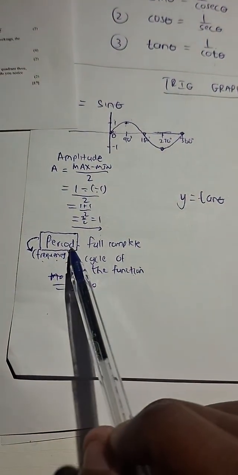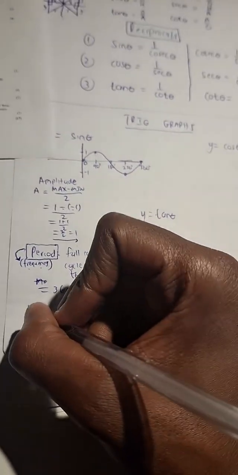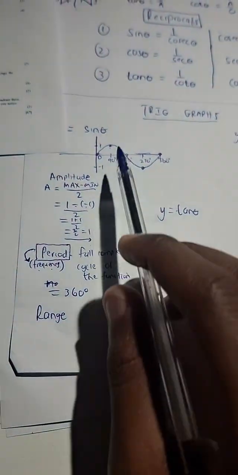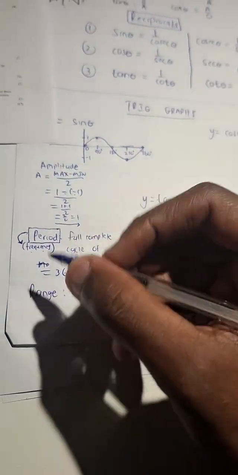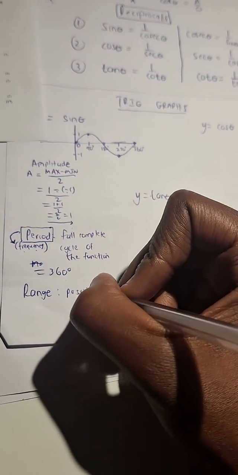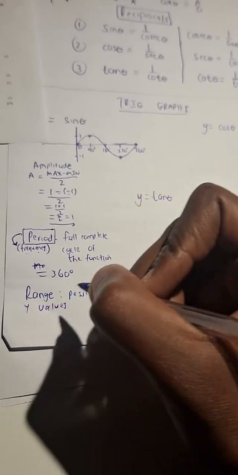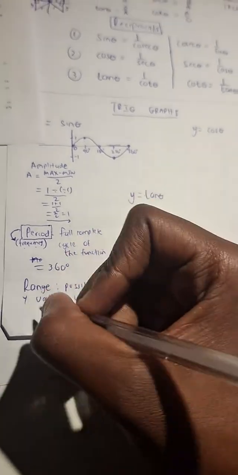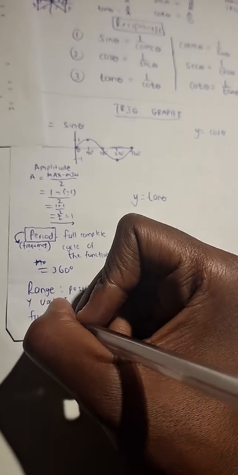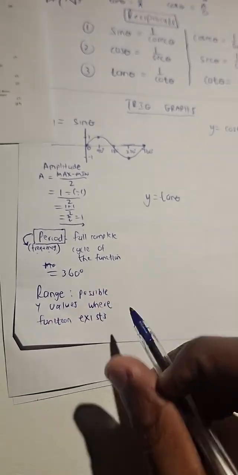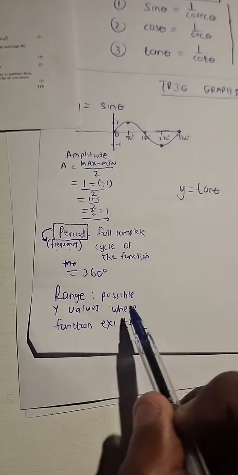Okay, so amplitude, period. Then we discuss things like range. What is the range of a function? Range means the possible y values where the function exists.